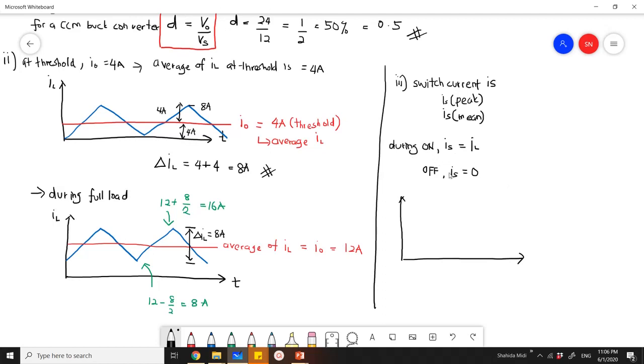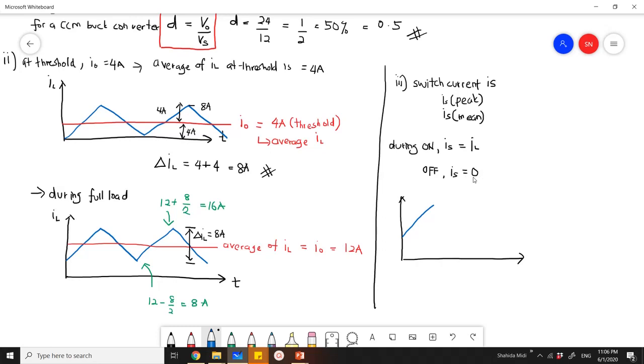Okay, IS equal to IL, so we can copy the waveform from here. Okay, during the on only. Okay, so during the on, we have IL as a positive slope, and then during off, IS is equivalent to 0.